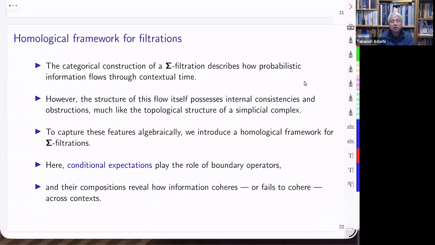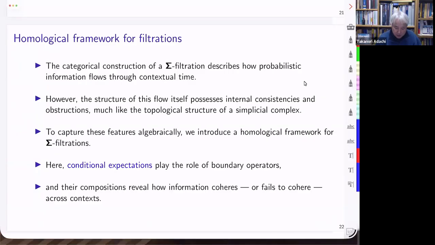In the financial context, we have some small obstacles that break martingale properties, or we have some arbitrage, where we can make arbitrage trades. This is breaking some consistency, or maybe there is some hole. I'd like to express this kind of thing in an algebraic way, and the tool is homology.